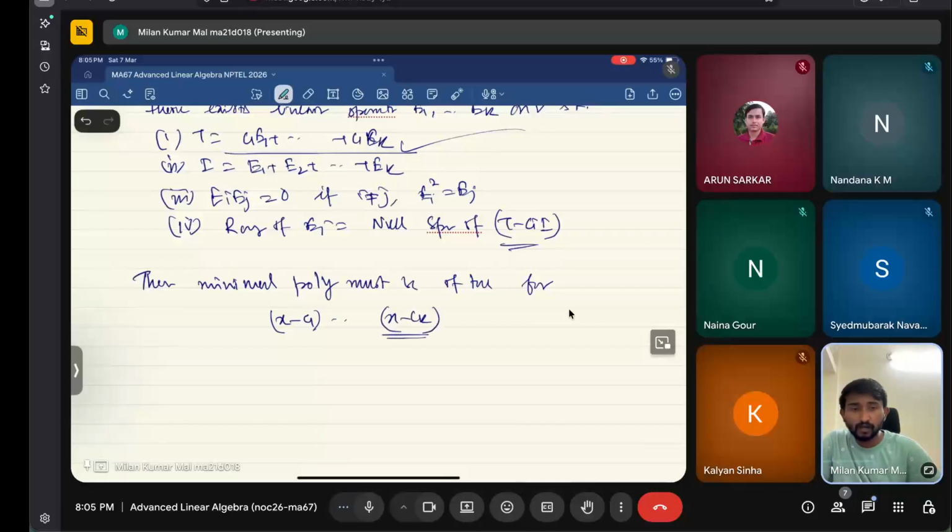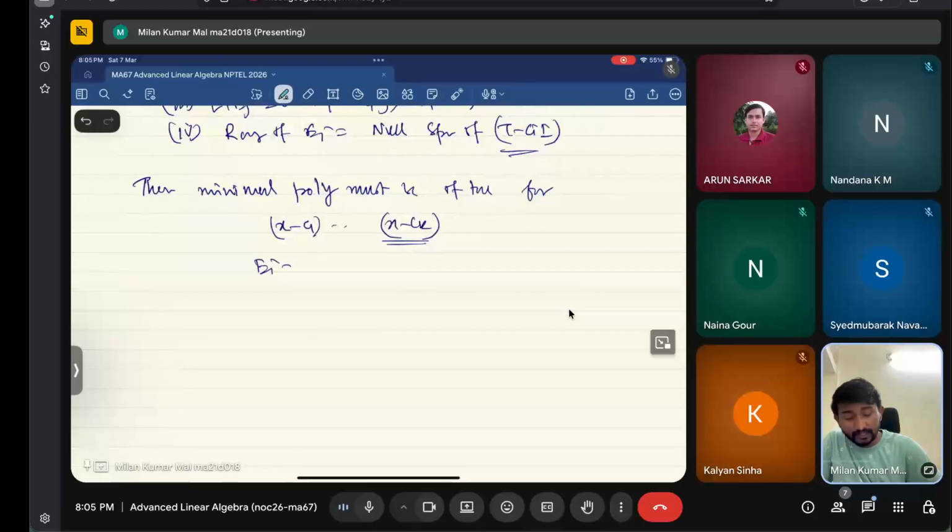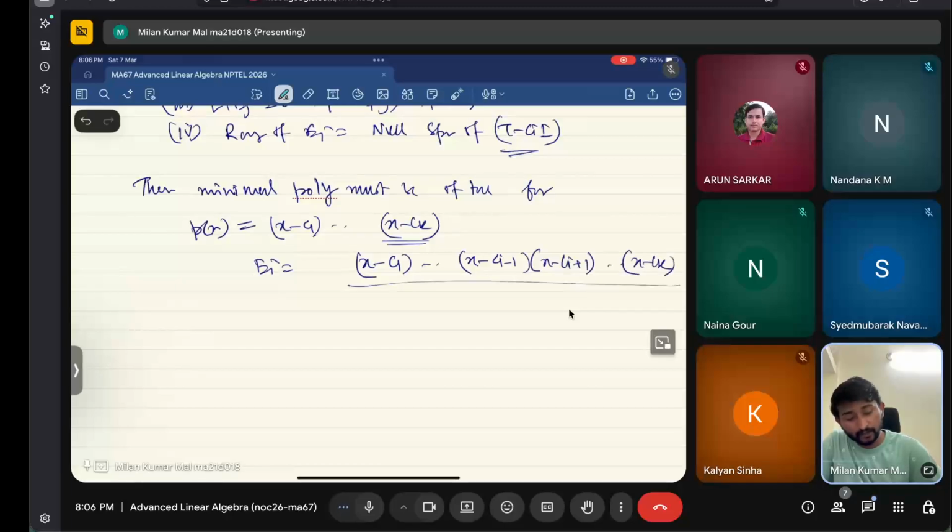Now here the Ei are actually polynomials in x: (x minus c1) all the way (x minus c(i-1)), (x minus c(i+1)) all the way (x minus ck), divided by (ci minus c1) all the way (ci minus c(i-1)), (ci minus c(i+1)) all the way (ci minus ck).